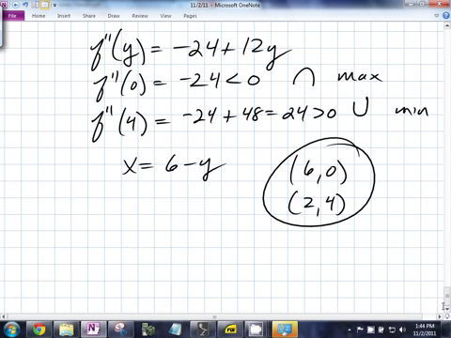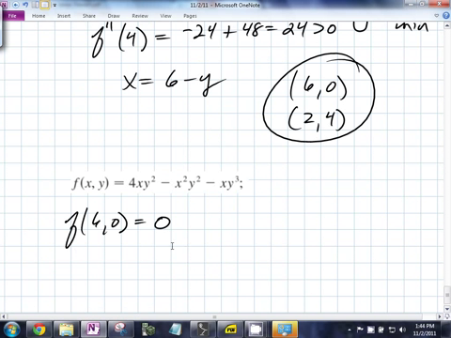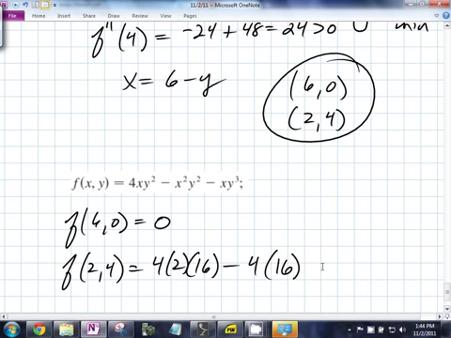F of 2, 4 is going to be 4 times 2 times 16 minus 4 times 16 minus 2 times 64. It's y cubed, right? We're plugging in 4. Oh, it equals negative 64? Thank you. Nice.